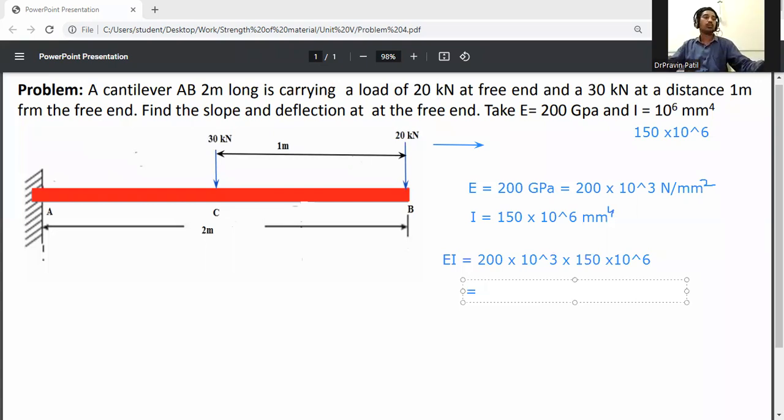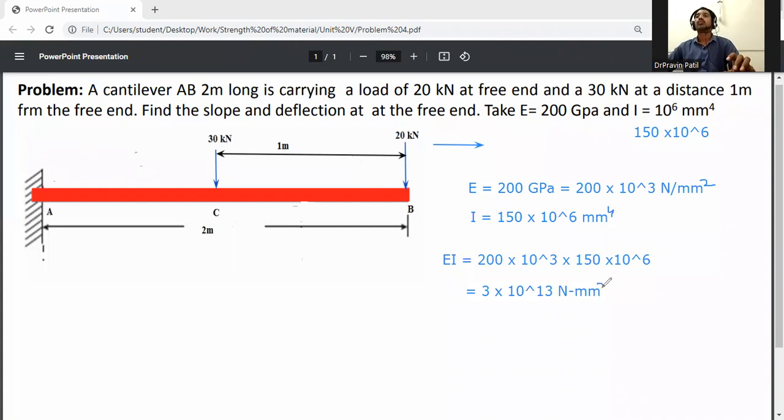So it will be 3 into 10 raised to the power 13 Newton mm square.